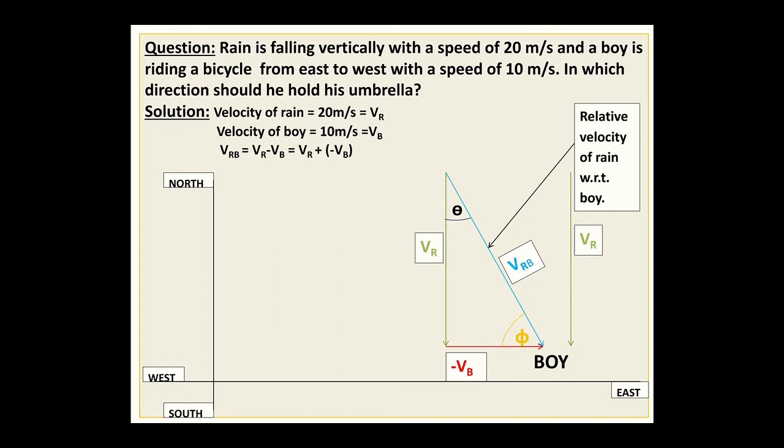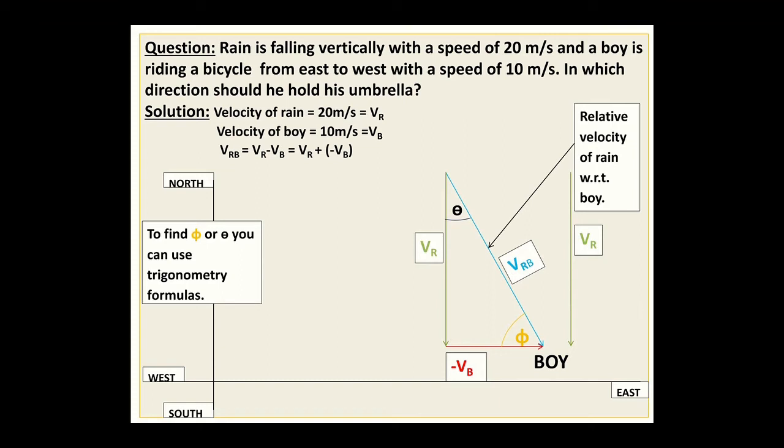Here we are considering phi as the angle with respect to horizontal, and theta as the angle of VRB with respect to vertical. We have to find either theta or phi. This will be the direction in which the boy has to hold his umbrella.